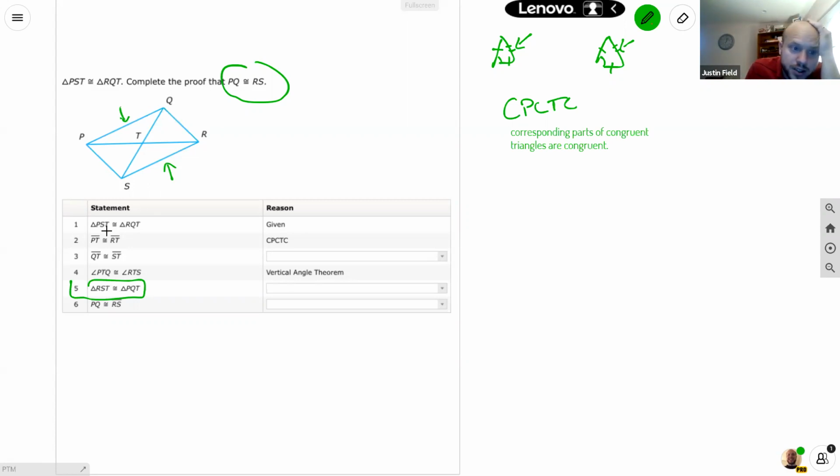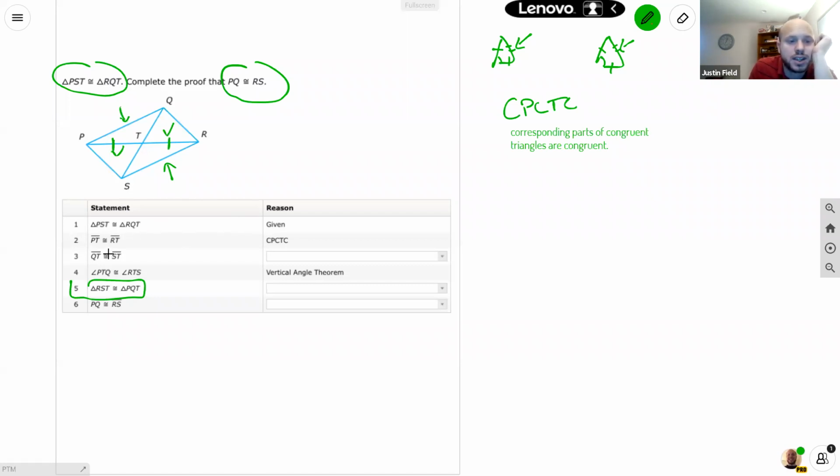So the given information is that the two triangles PST, right there, and RQT, those are congruent. Cool. So because they're congruent, PT is congruent to RT.